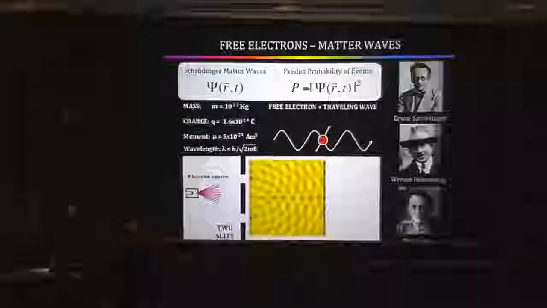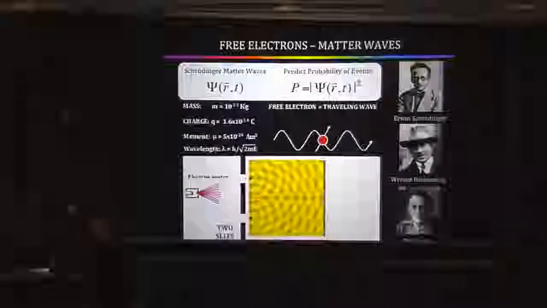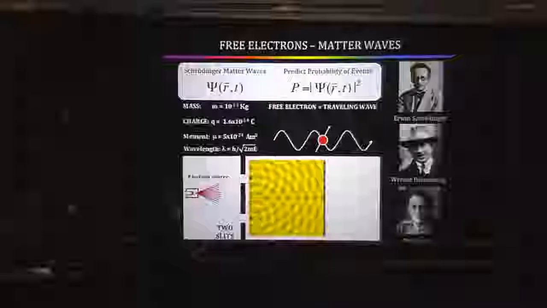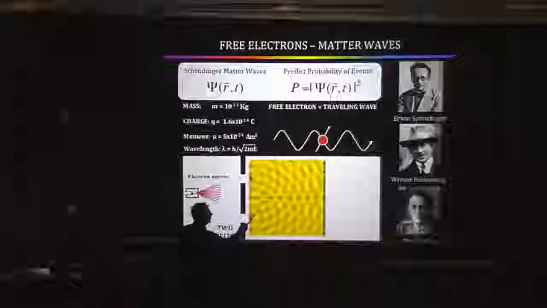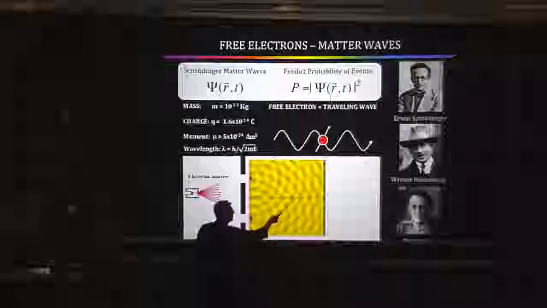We know this is true. You can do experiments where you generate electrons all of the same energy, keep E the same, then shoot them through 2 slits. If they're waves, as they exit on the other side, the waves exiting from this slit will interfere with the waves exiting from that slit. The interference pattern will have maxima in some directions, and it'll have null minima in other directions.